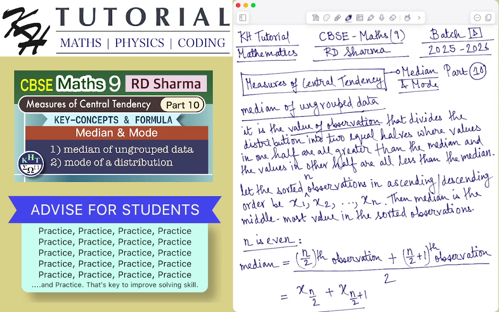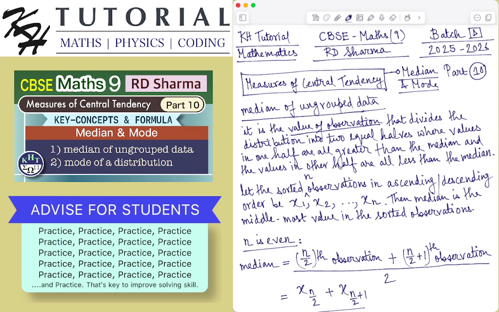For example, if you are given a raw data or distribution, if you arrange the given distribution in ascending order, or even descending order, then the median will be the middlemost value in the sorted observations. So how do we find the median?